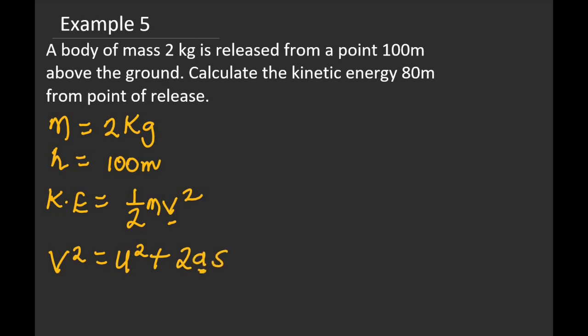Remember, a is acceleration, which can also be acceleration due to gravity. Since the body is released from a point 100 meters above the ground, the initial velocity will be 0, because at the point where the body is released, it does not have a velocity. So if the initial velocity u is 0, u squared is 0, and we have v squared equal to 2as.